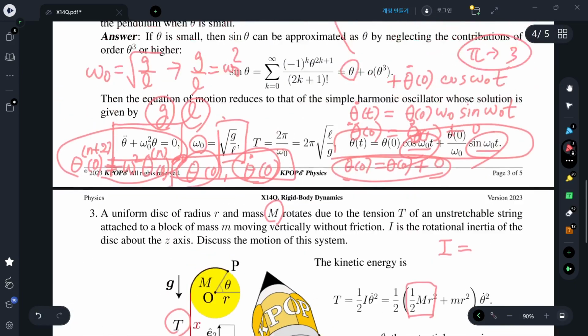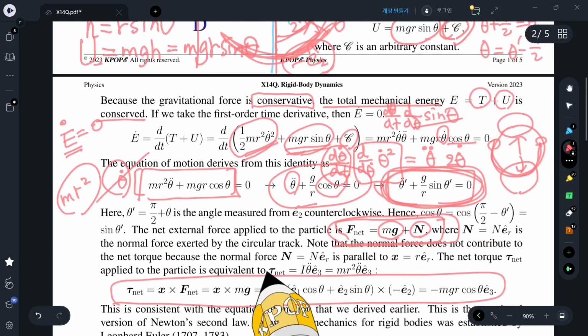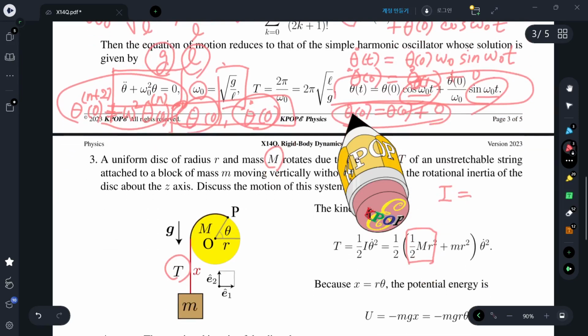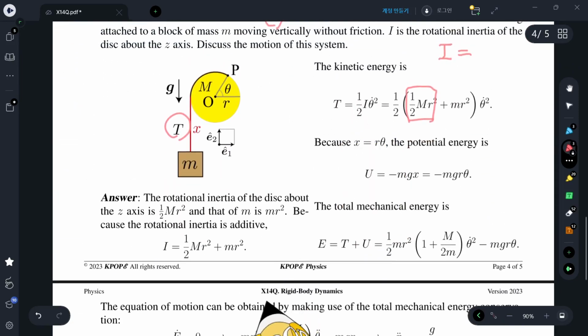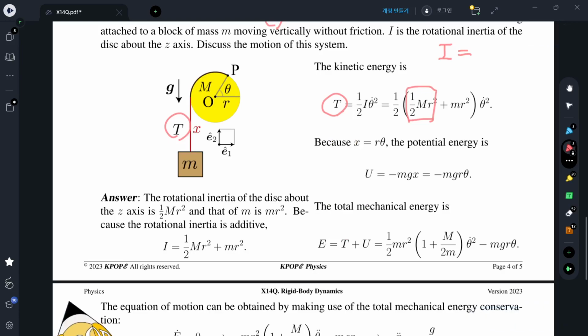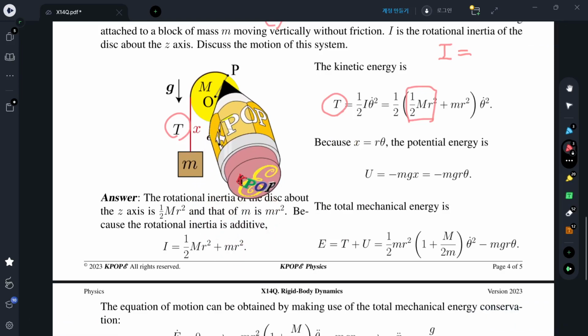We like to make use of the total mechanical energy conservation frequently. So why don't we study the kinetic energy of the system? We have a constraint of the system.